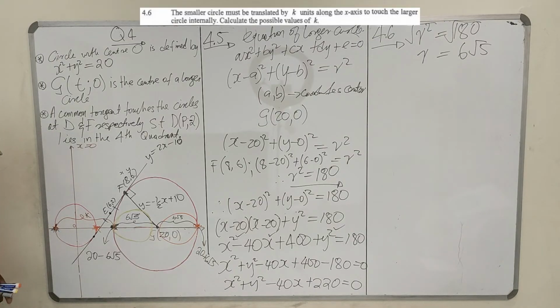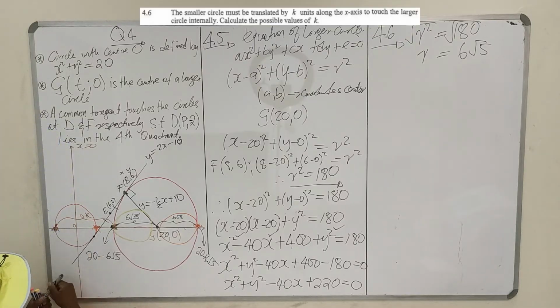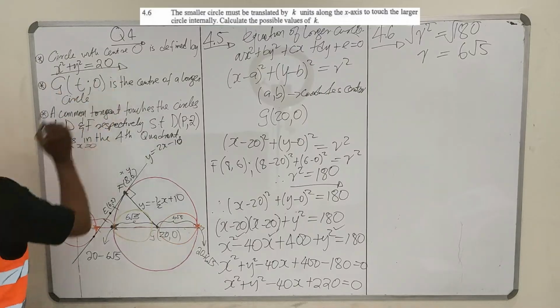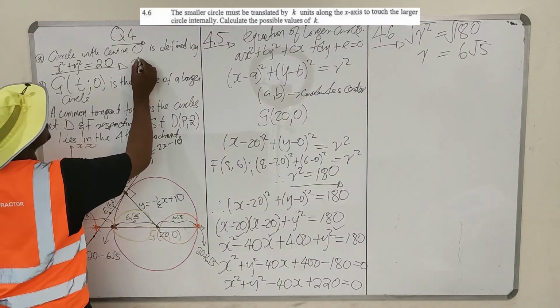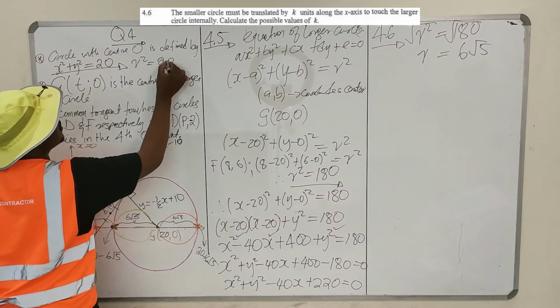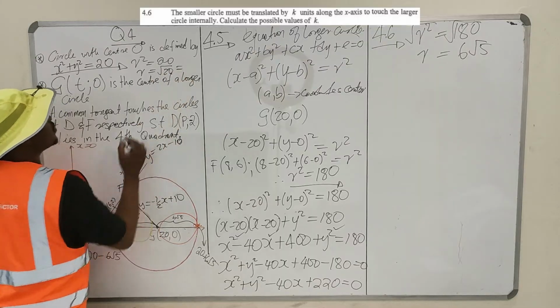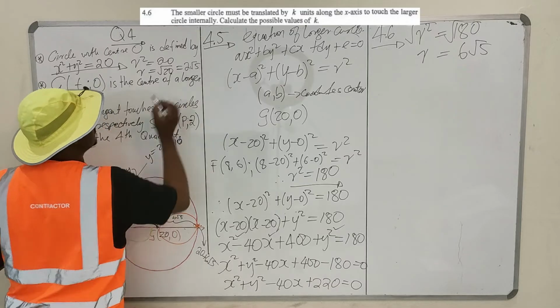So what do we do next? We say, okay, we know that the equation of the circle was this. So the square of the radius of this circle was 20, which is your r equal to the square root of 20, which is equal to what? Something like 2 root 5, I think.